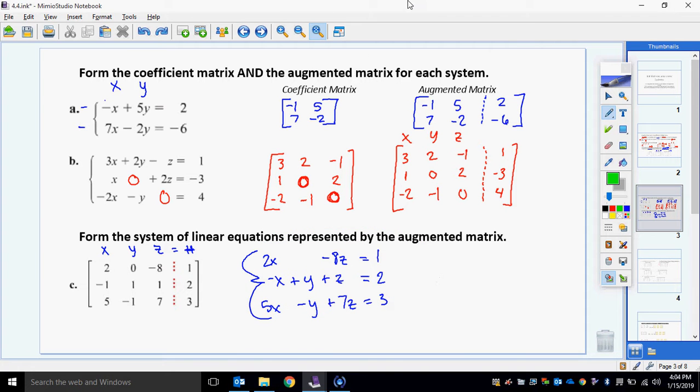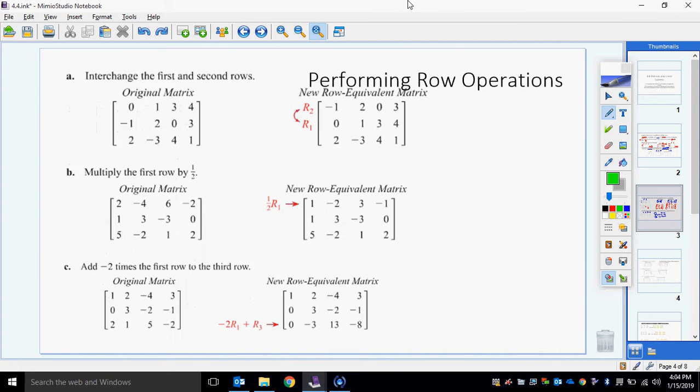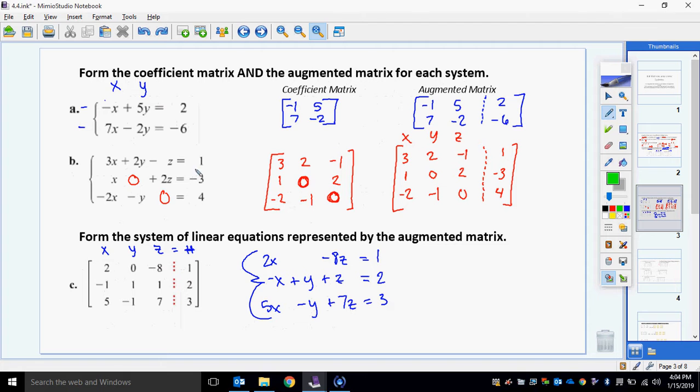And we can still solve it like we want to, but the book goes into talking about how you can put them into a matrix. You can take the system and put it into an augmented matrix, solve the matrix, and then back substitute, which I like our idea of just solving the system, not having to put it into a matrix.